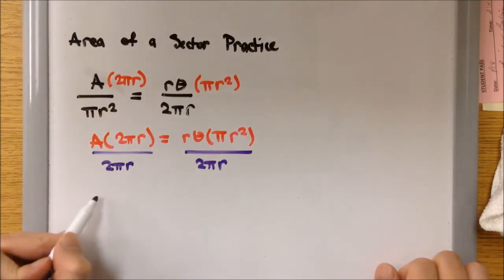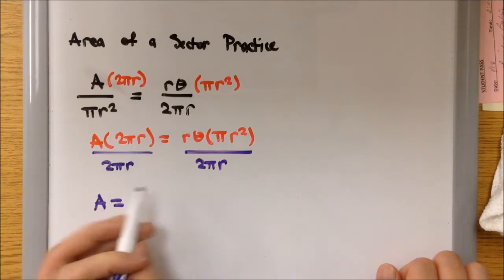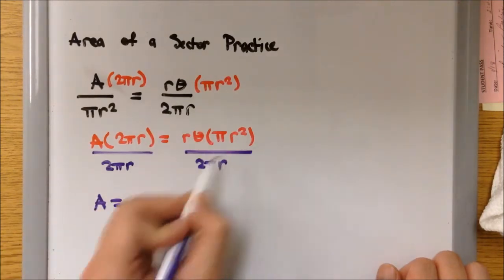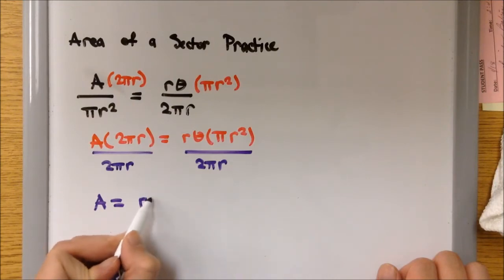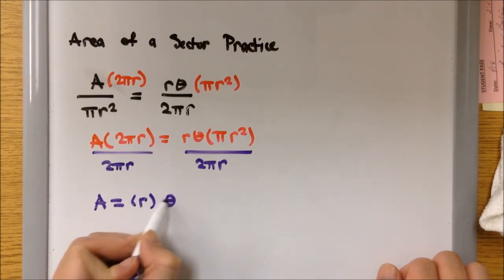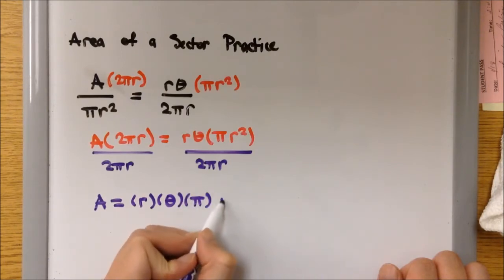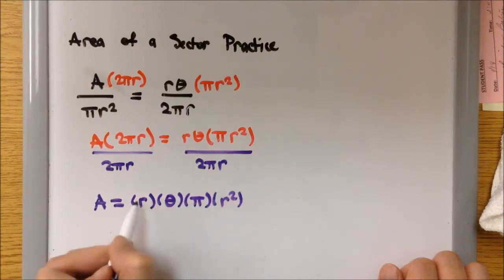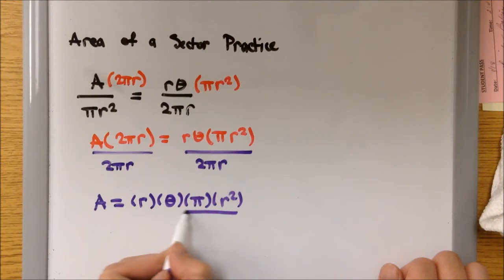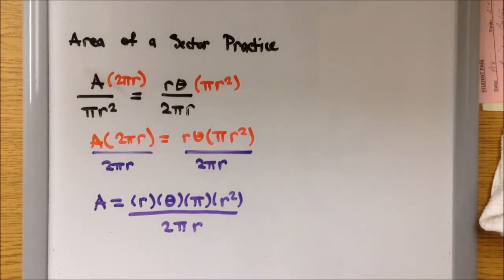When I'm dividing, this is what it's going to look like for now. A equals, and I'm going to keep the factors separate: r theta pi and r squared. Now I'm not going to multiply the r's, I'm just going to keep them separate for now. Divide by 2 pi r.